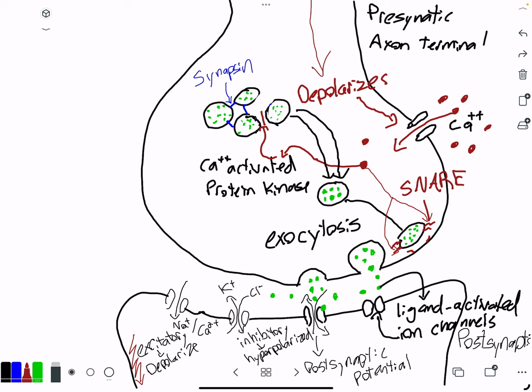And as we'll see, there's a variety of different combinations of neurotransmitters and receptors that can do both of those things. Some neurotransmitters can be both excitatory and inhibitory, depending on the type of receptor they bind to. And then we'll see a whole host of other types of receptors in the coming classes that we would call metabotropic receptors.